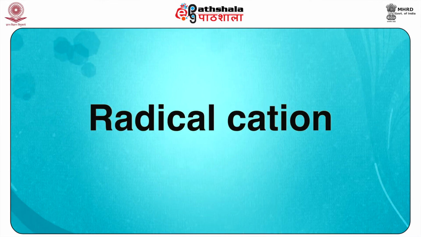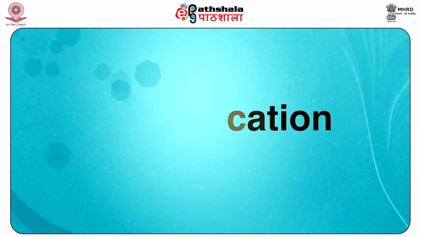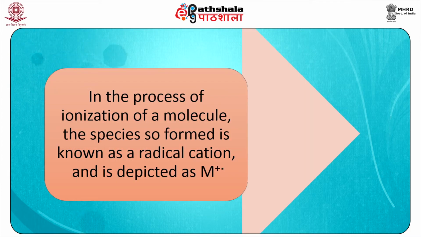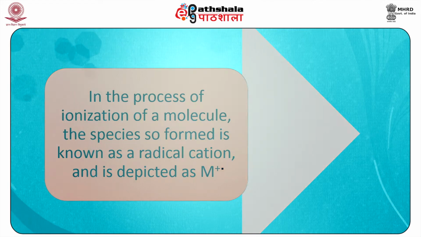Now let us come to some important definitions. First of all, I would like to tell you what a radical cation is. In the process of ionization of a molecule, the species so formed is known as a radical cation and is generally depicted as M+ with a dot. The dot represents the radical and the plus sign represents that it is a cation.